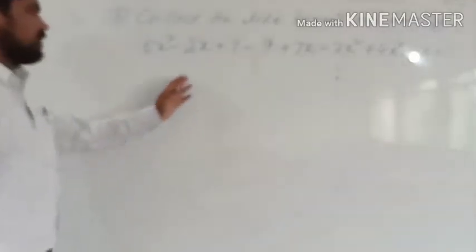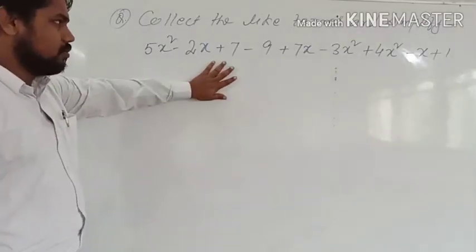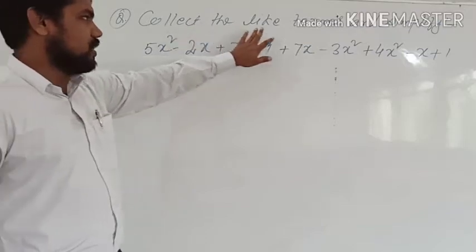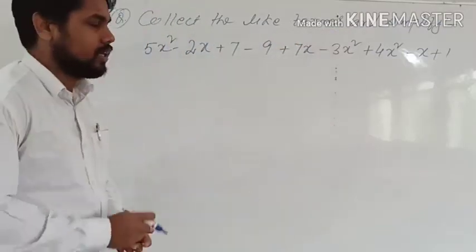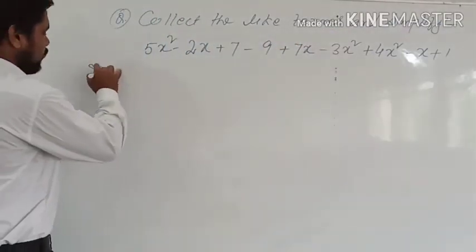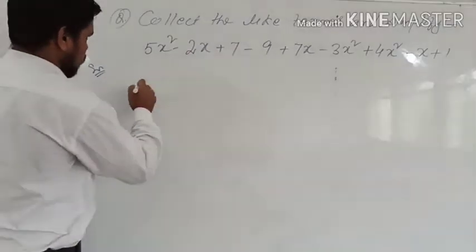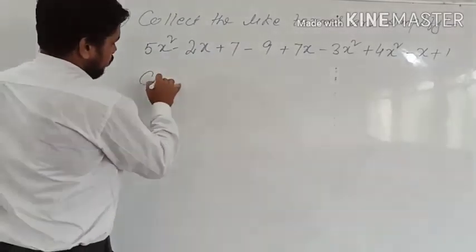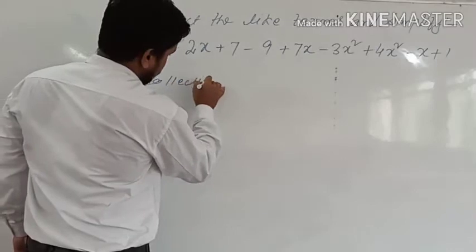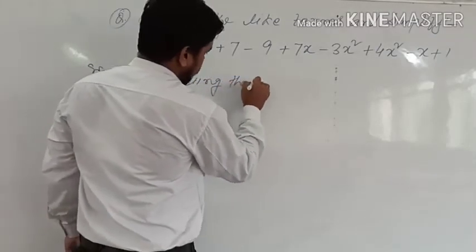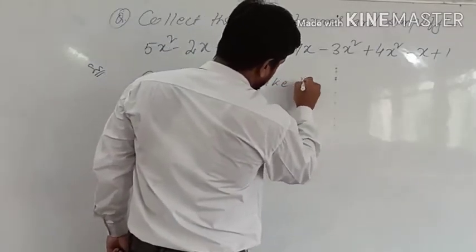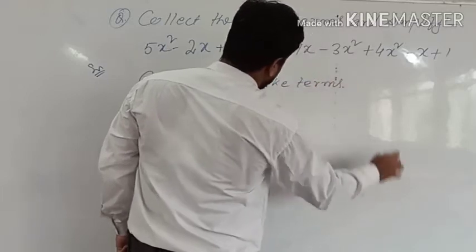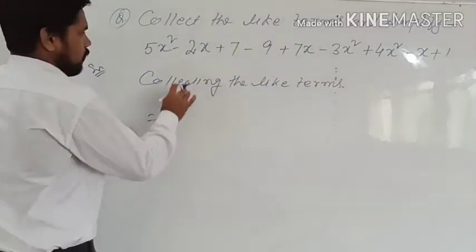Here, suppose this is a question which is mixed with like and unlike terms. This question is asking to first collect the like terms and then simplify. So first you have to collect the like terms. Let's do the solution. Collecting the like terms, the required terms will come from this.